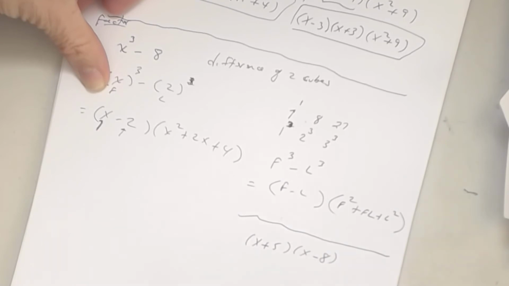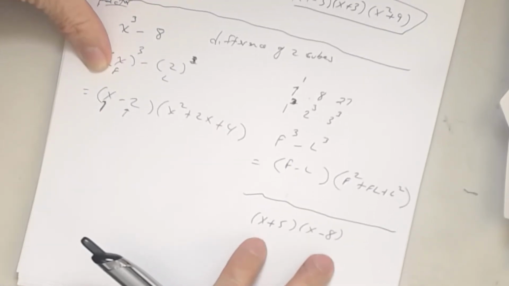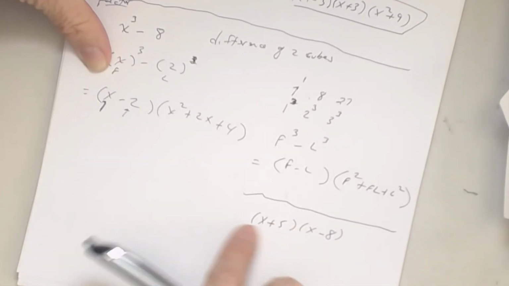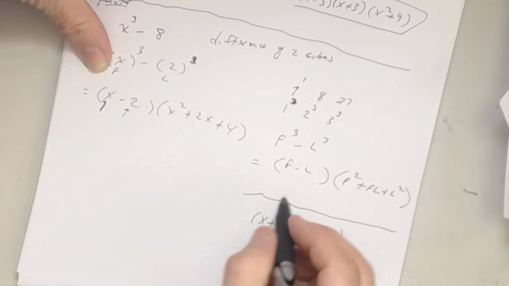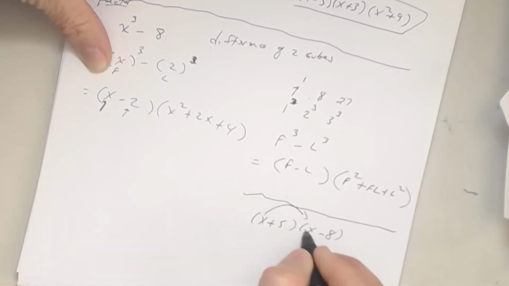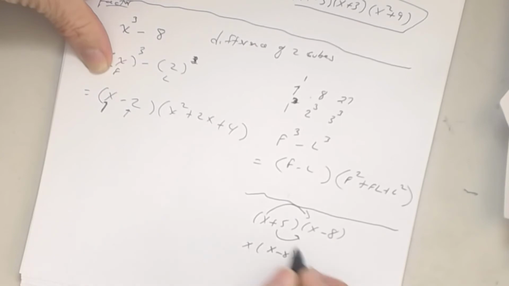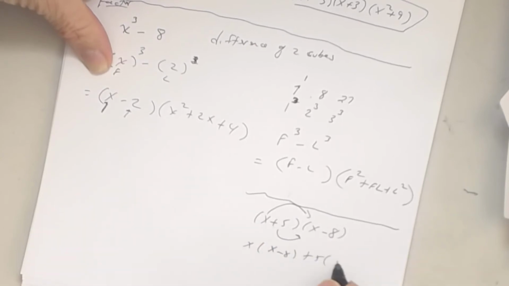Okay? We did this by FOIL, right? But even before you did this with FOIL, you also saw that you could have done this using the distributive property. So in other words, you could have said x times this parentheses plus 5 times this parentheses. So I'm saying x times x minus 8 plus 5 times x minus 8. And then you distribute.